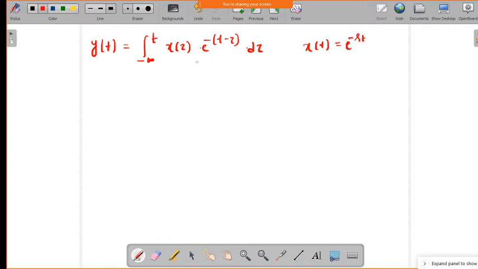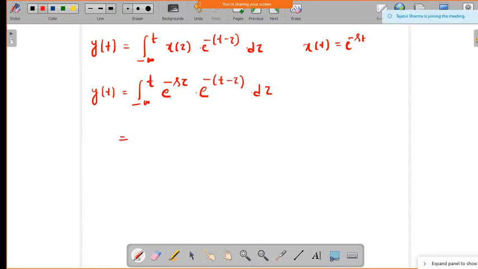Now if you put it in this equation, you will get y of t equal to the integral from minus infinity to t of e power minus s tau, because the variable here is tau, into e power minus of t minus tau d tau. If you evaluate this integral, you will know y of t for the complex exponential signal.